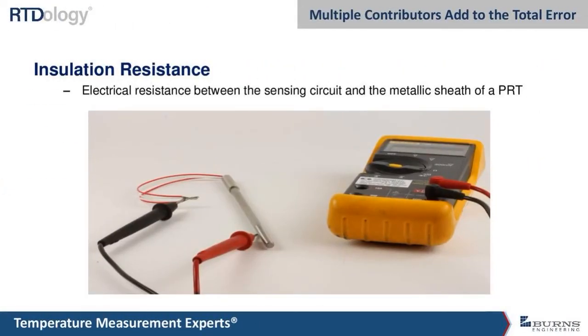Another not very well known error source is insulation resistance. The temperature probe will be affected by moisture or contamination that gets into the probe.